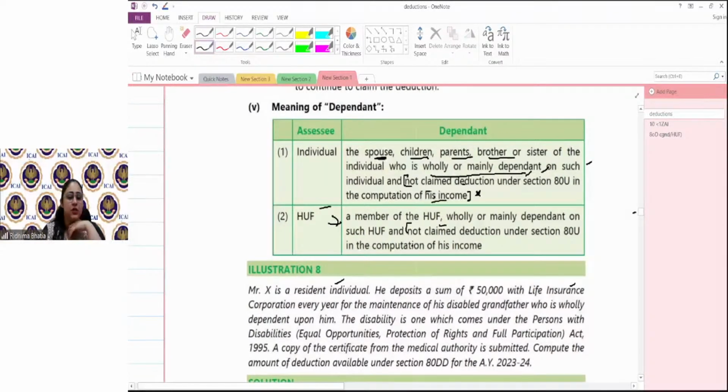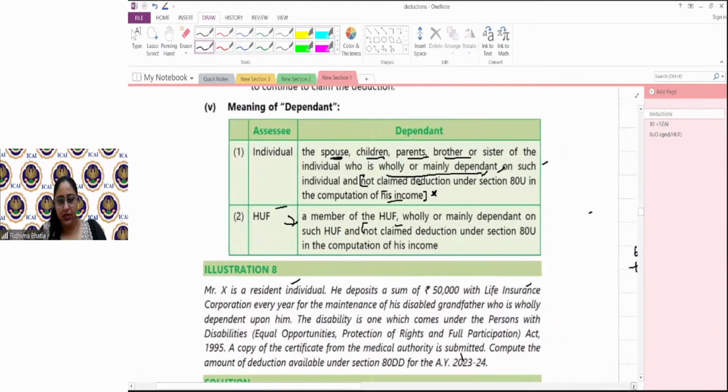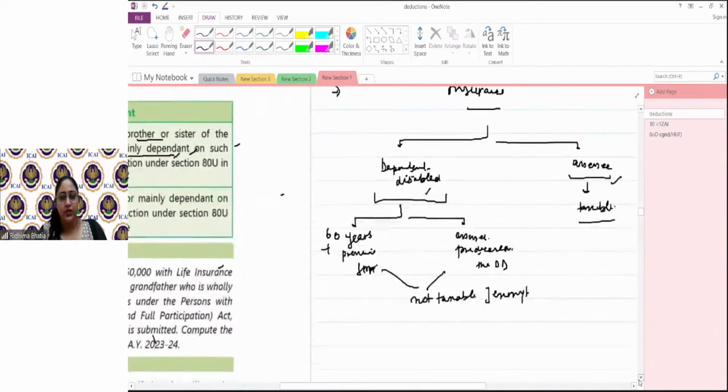Ma'am, what is this? So there is one more section, my friends, the section is 80U. Now what is 80U?